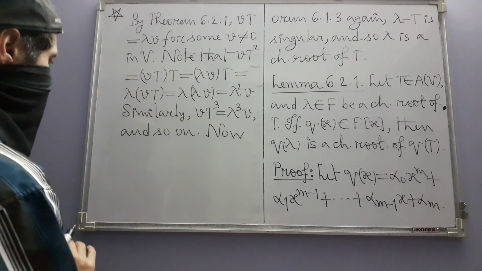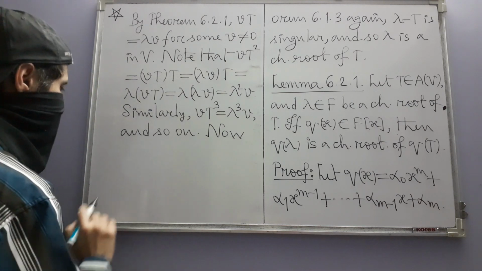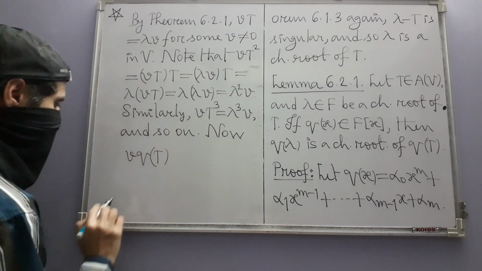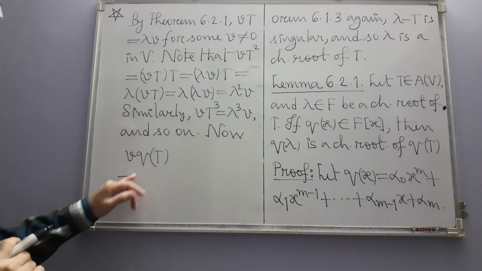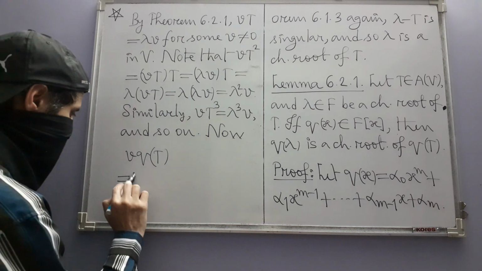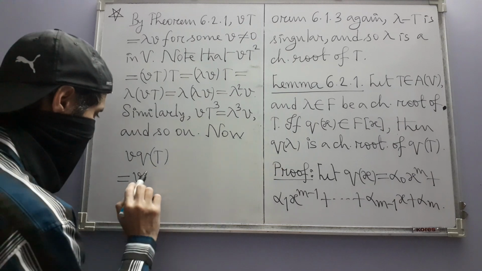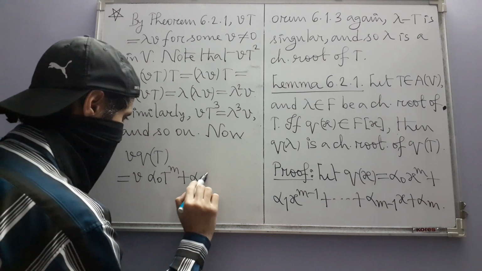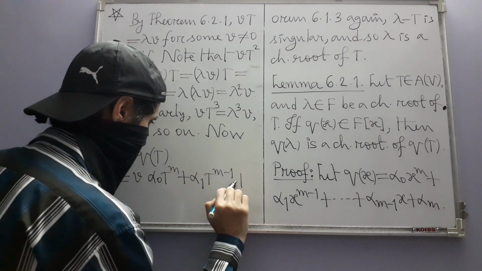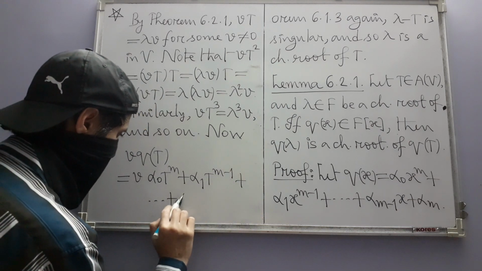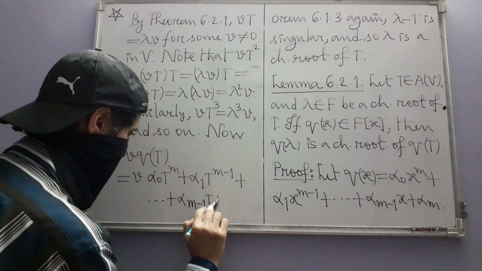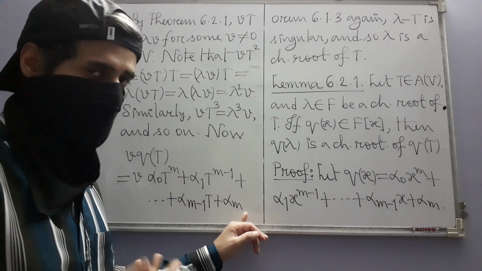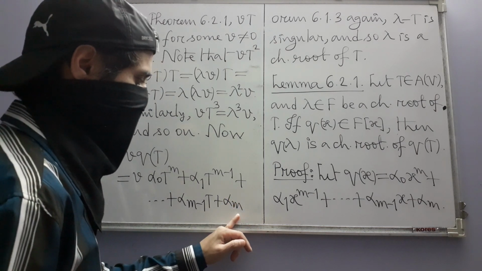Now the next thing we want to see is vq(T). What happens if we apply q(T) on v? Let us first write what q(T) is: alpha naught T to the power m plus alpha 1 T to the power m minus 1 and so on, plus alpha m minus 1 T plus alpha m times 1.